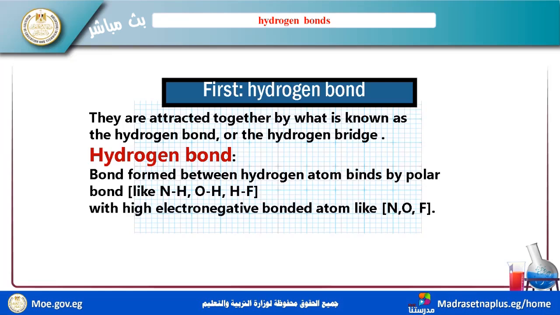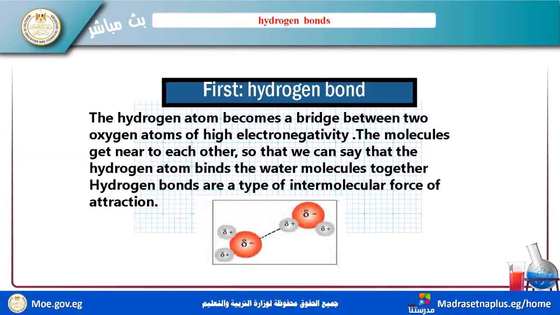So there's no hydrogen bond in H-S, but I have it in N-H, O-H, and H-F, with highly electronegative atoms like N, O, F. I concentrate on groups 7A, 6A, and 5A, which have high electronegativity. So hydrogen forms with F, with Cl, with Br, and oxygen with hydrogen, nitrogen with hydrogen. This forms the bridge.